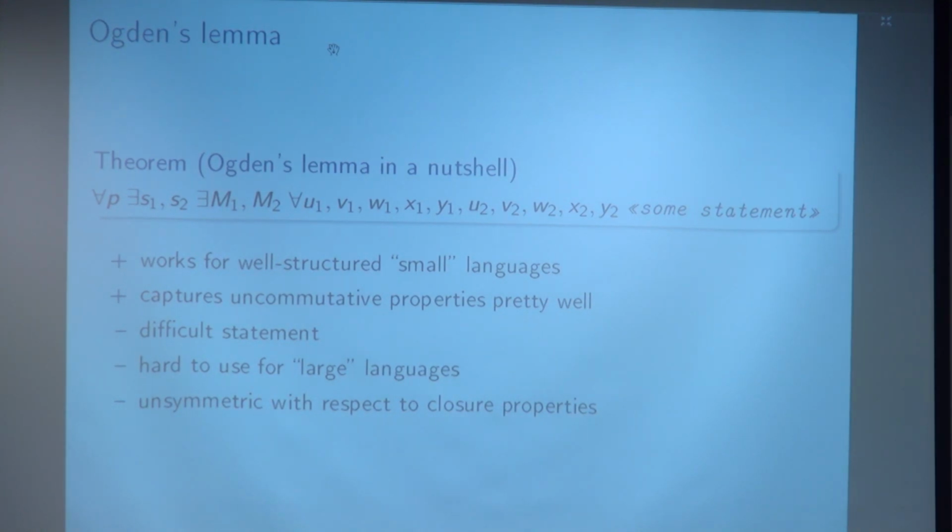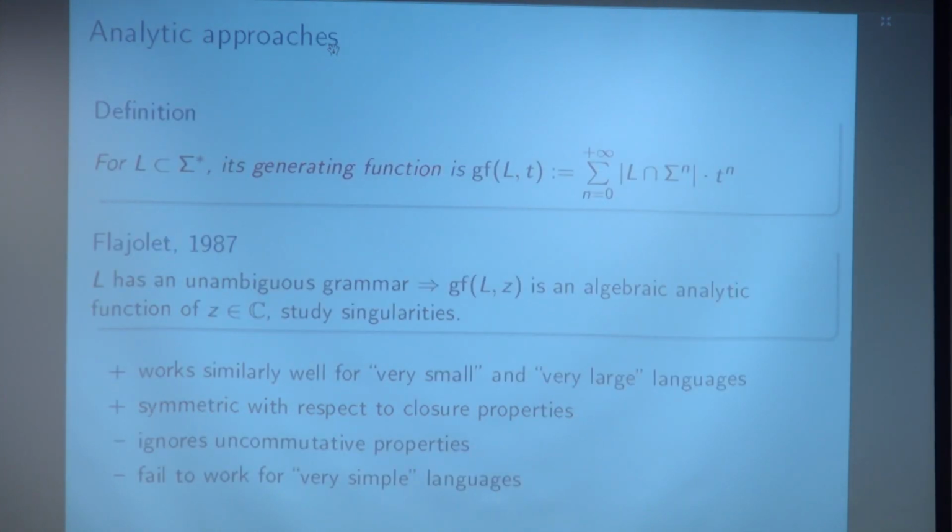Moreover, it's unsymmetric with respect to several closure properties, and so it's not very cool. You have 2 languages for which it should be similarly easy to prove inherent ambiguity. But somehow it turns out that no, it's not similar. For one it's very easy, for the other it's almost impossible.